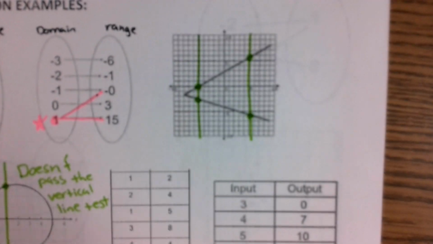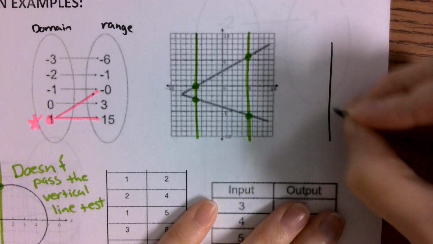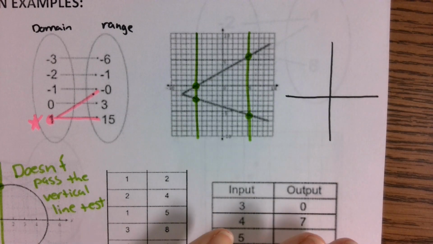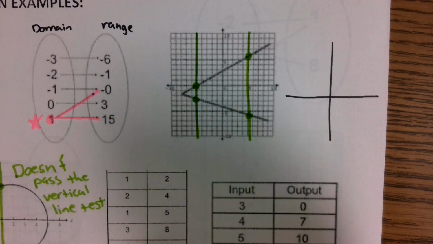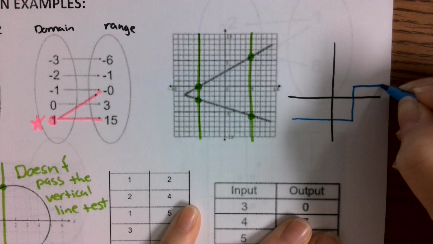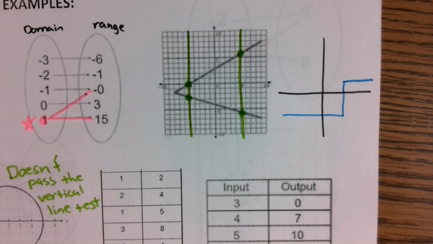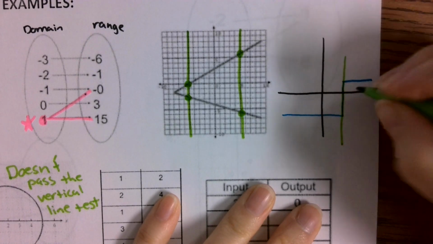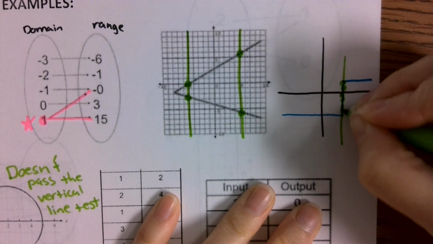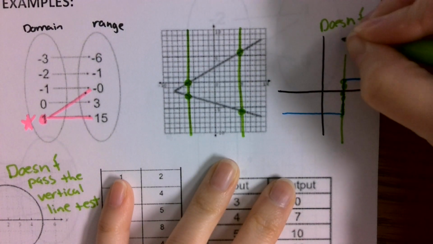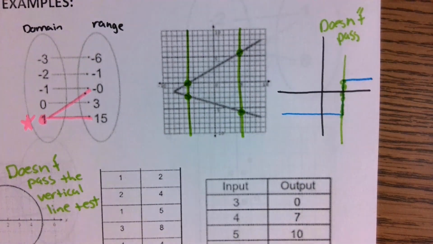If there is at any point a vertical portion, let's say that we have, I'll draw it in blue, it goes like this, and then all of a sudden it goes straight up, and then goes here. At this point, this does not pass the vertical line test.